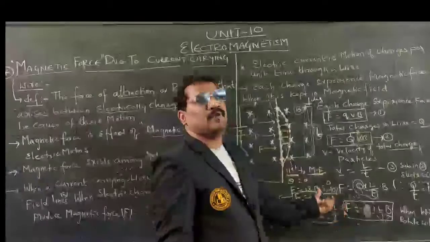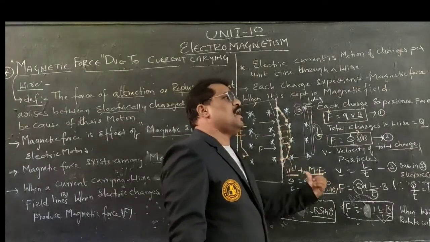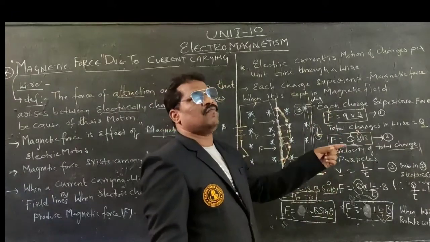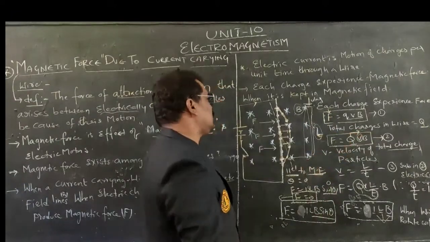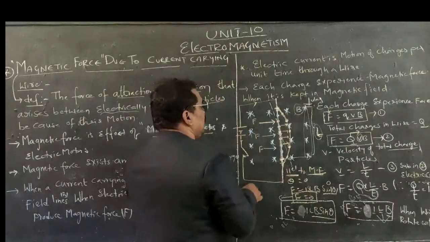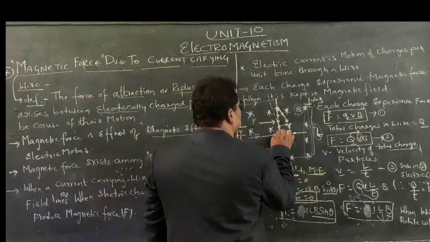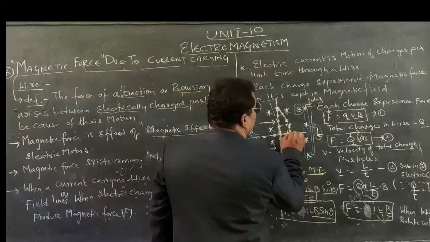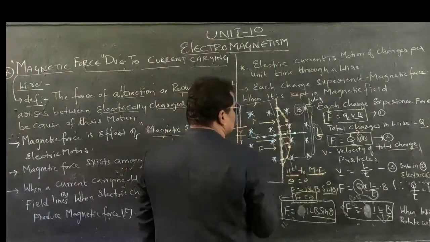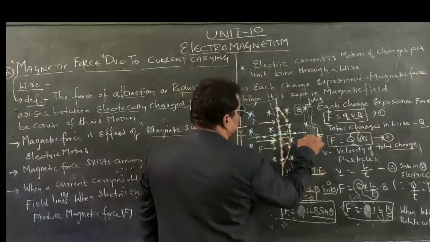Because the charged particles are moving exactly parallel to the magnetic flux density, and if they are parallel, no force exists. The wire is placed in the same direction as the charged particles' motion, and the magnetic field also exists in the same direction.